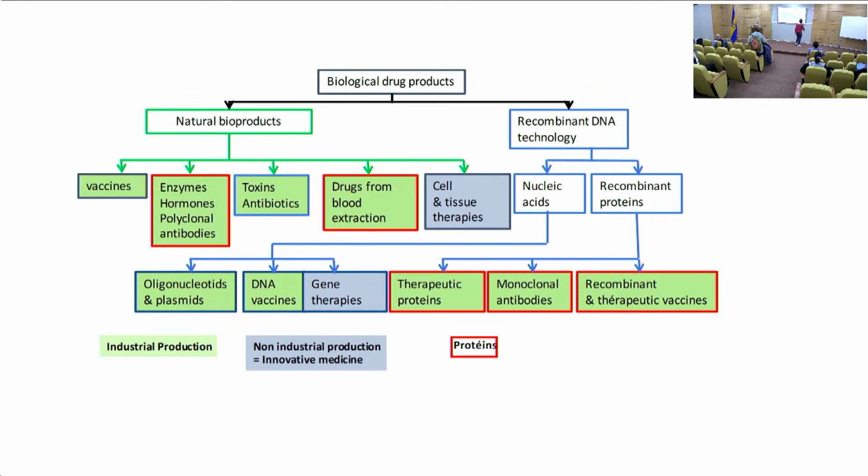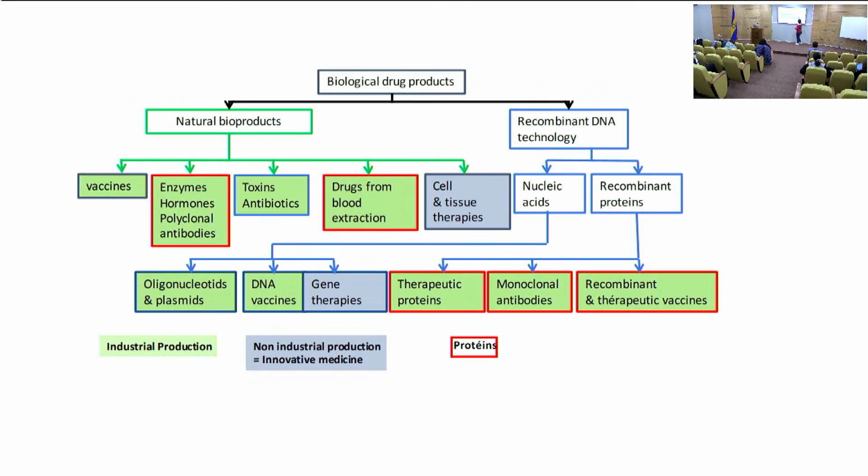But you also have all the products related to recombinant technology, such as nucleic acids, which are important for gene therapy, for instance, as I presented to you Tuesday. Nucleic acids are also important for DNA vaccines, oligonucleotides, or plasmids that can be used for therapeutic purposes.